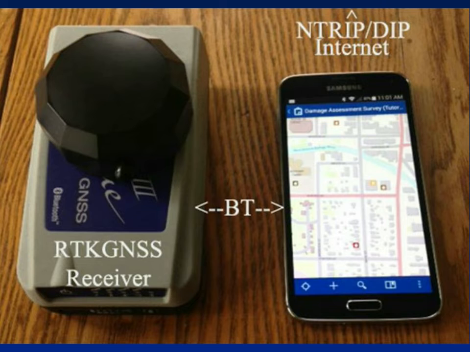If you go to the Google Play Store, there's at least one I know of, maybe a couple of them. And then Bluetooth to an RTK GNSS receiver, and then an antenna. So these are all the hardware components that you need.